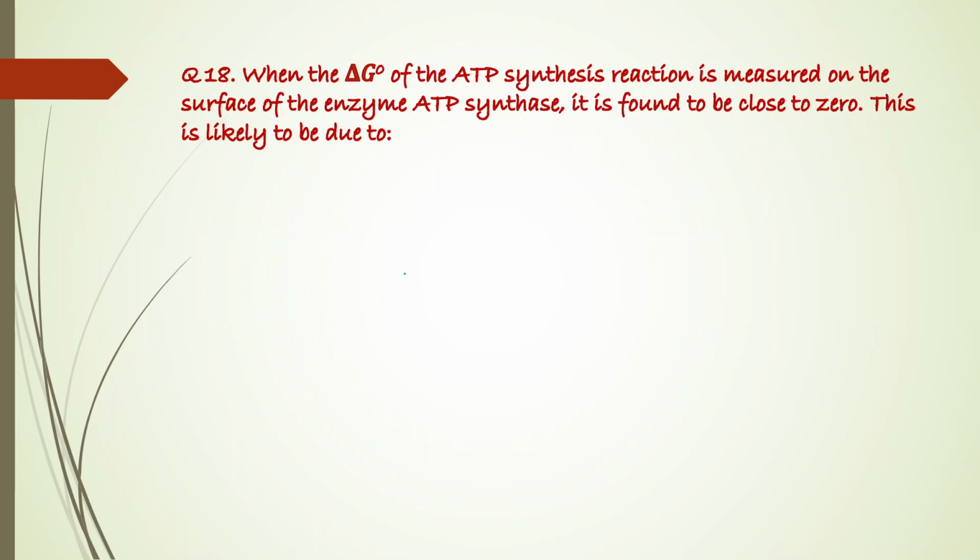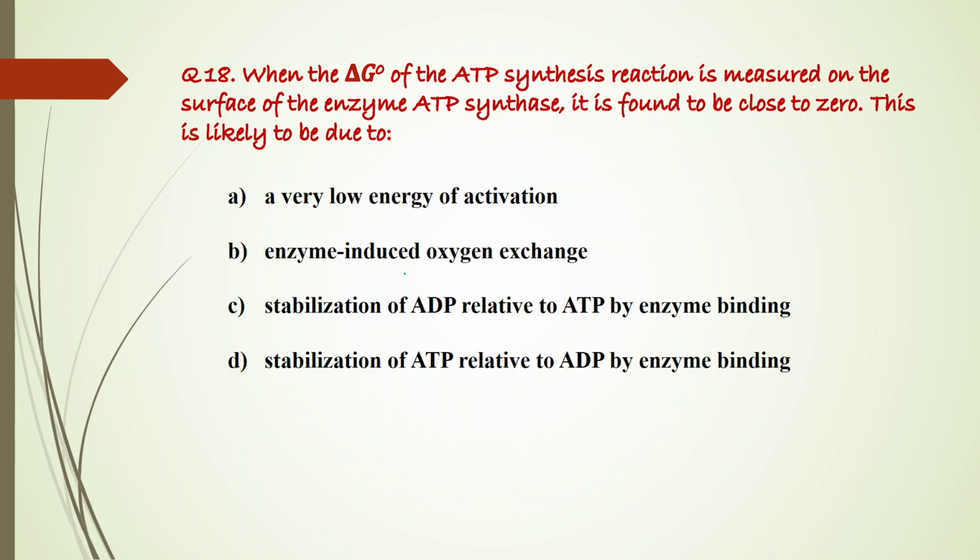Okay. Let us move to question number 18. It is saying when the delta G0 of the ATP synthesis reaction is measured on the surface of the enzyme ATP synthase. So we have our enzyme that is involved, ATP synthase. Now you are measuring the delta G0 on the surface of the particular enzyme.